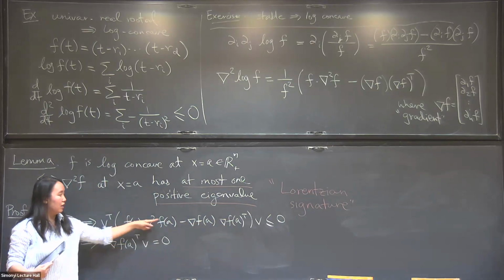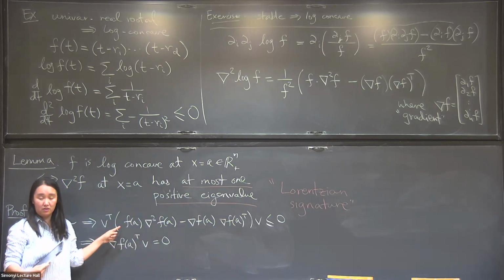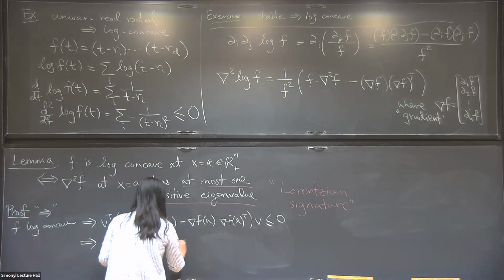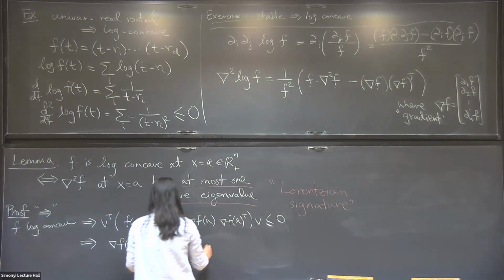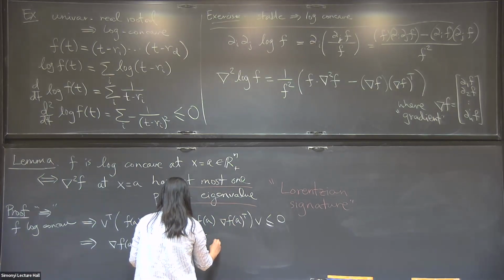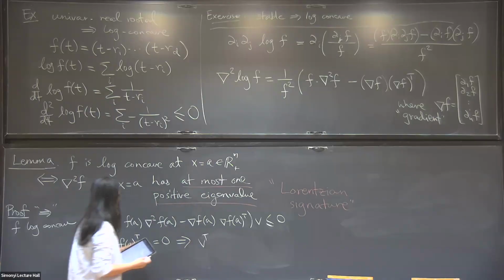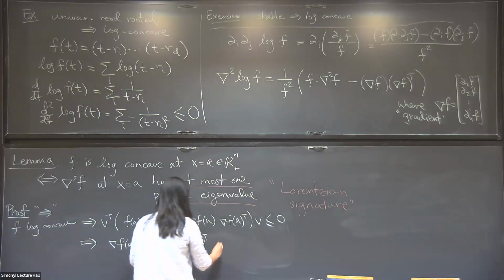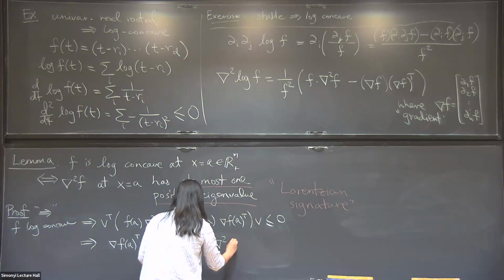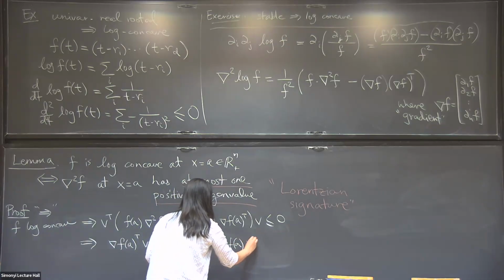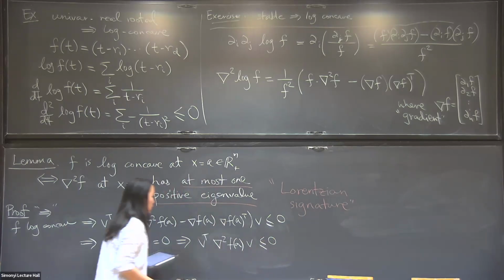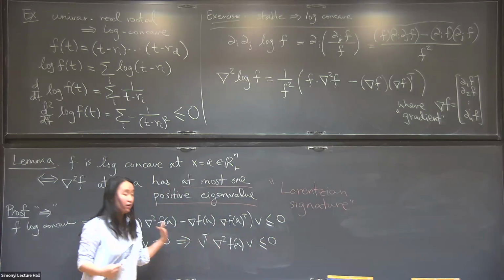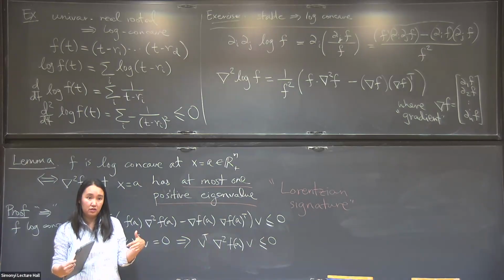And then you are reduced to looking at the first one. So this means that, in my case, the transpose, and that f(a) is just a positive number, so I'm going to ignore that. Okay, so we transpose to square. It's non-negative. So it is still negative semi-definite on the hyperplane perpendicular to the gradient.